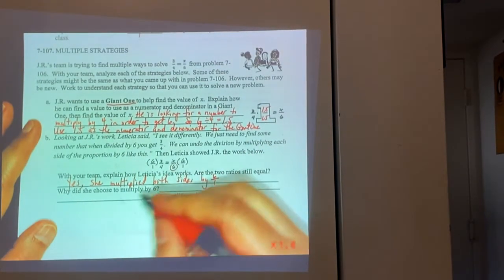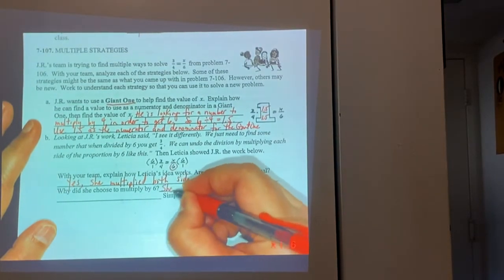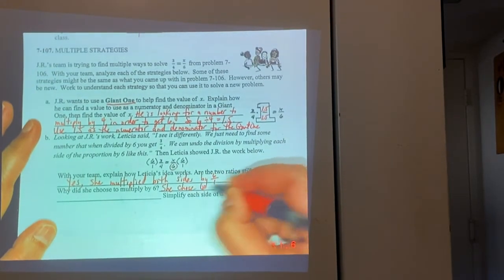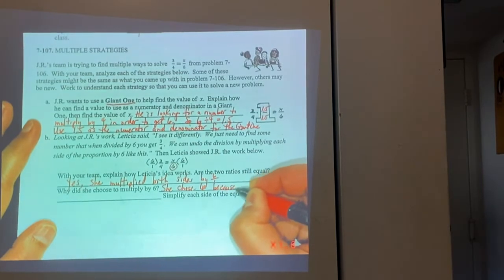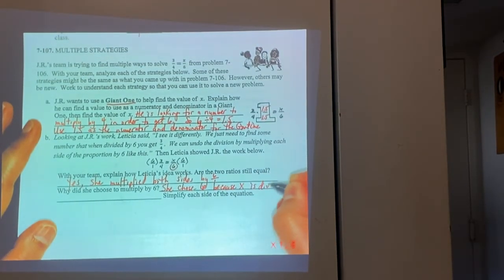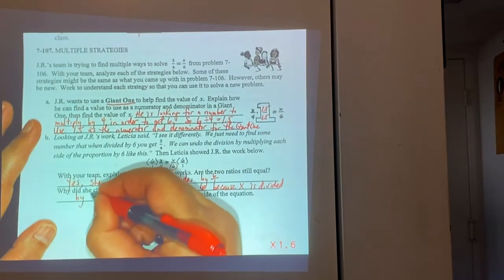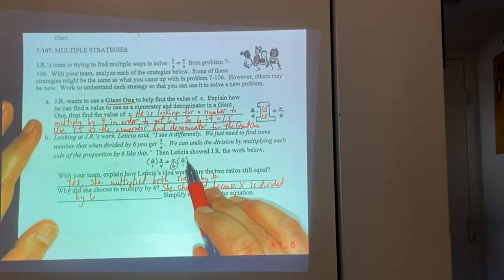Why did she choose the 6? She chose 6 because x is divided by 6. Remember, you're trying to do the opposite. Since it's being divided by 6, the opposite of that is multiplying by 6.